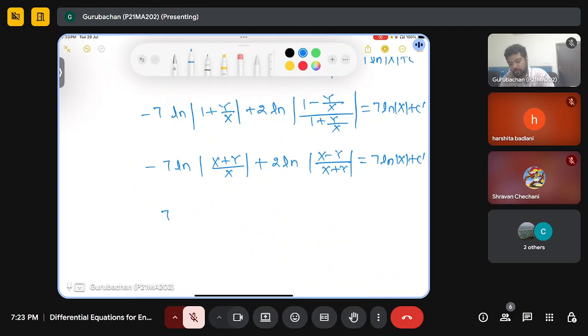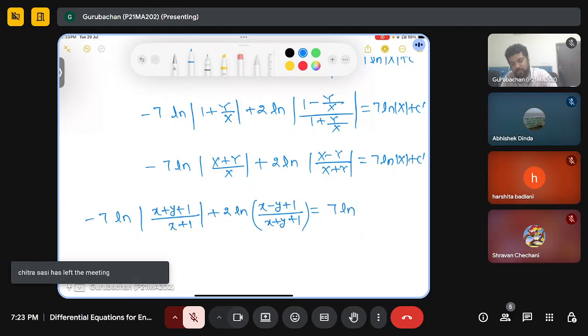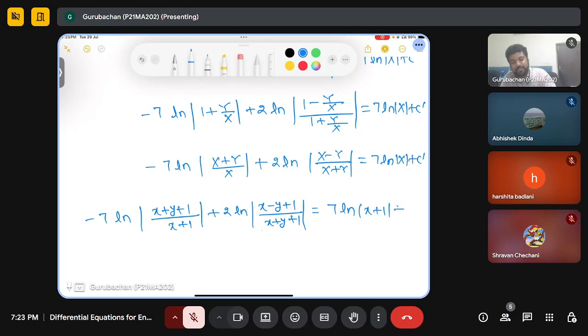So we need to put it: small x plus y plus 1 divided by x plus 1 plus 2 times of x minus y plus 1 over x plus y plus 1, which will be equal to, let me rearrange a little. So this will be equal to 7. Assume here there is mod x plus 1 c dash. So this one is getting the same answer.